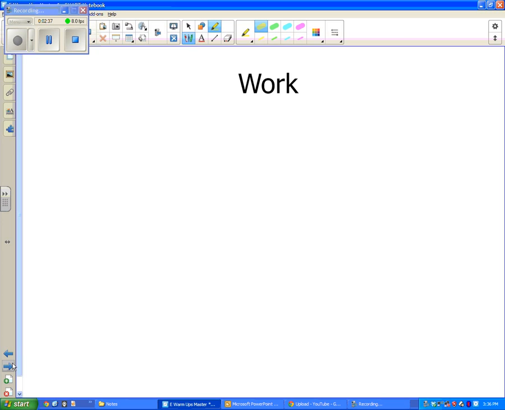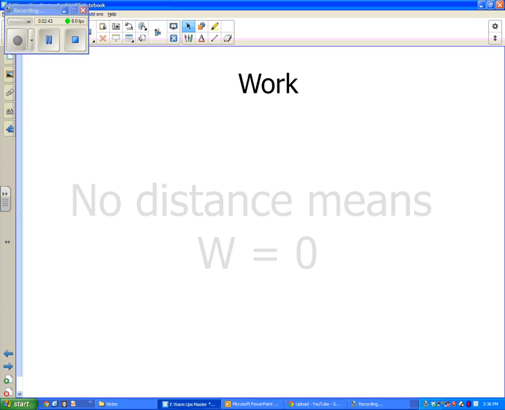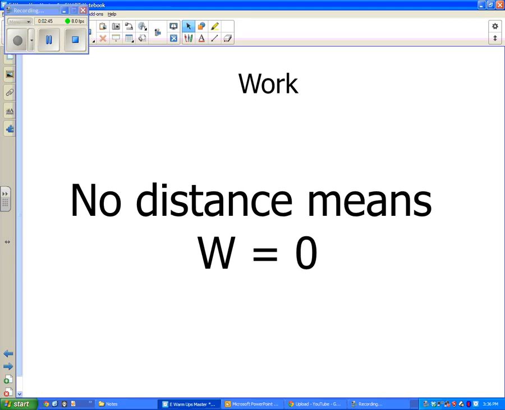All right, the next thing I want to look at is work. Some people still don't quite get this, but I want to make it very clear. If there is no distance, work equals 0. We did a demonstration of this where somebody in front of the class held jugs of water out to their sides. Even though it felt like there was work, because there's no distance, there is no work. Work is 0.